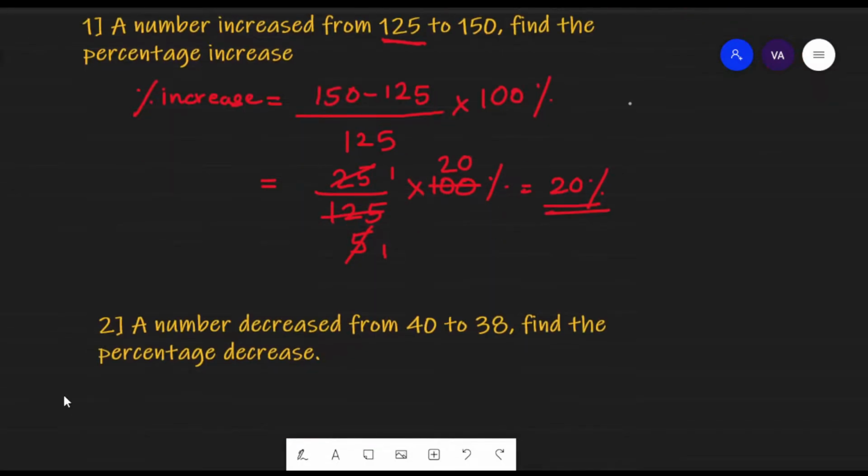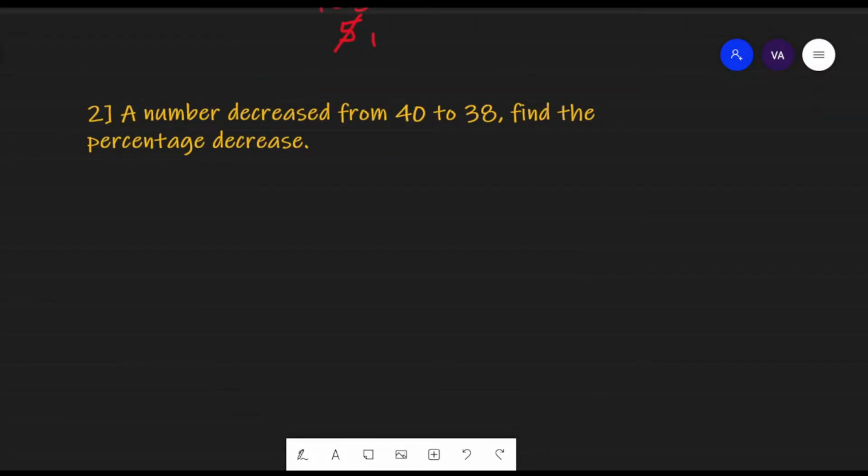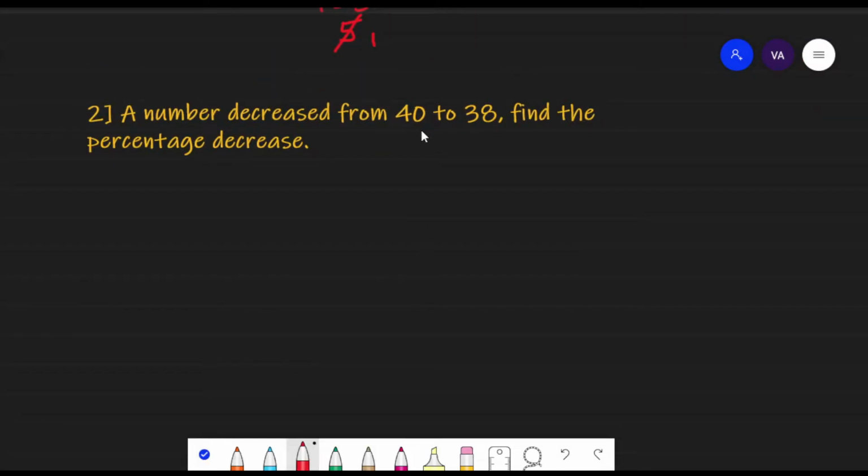Let's see another problem. A number decreased from 40 to 38. Find the percentage decrease. Here our number has decreased now. The formula for percent decrease is the actual decrease, 40 minus 38, that is just 2, divided by the original quantity.